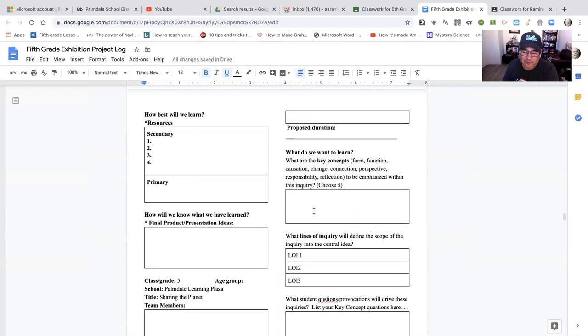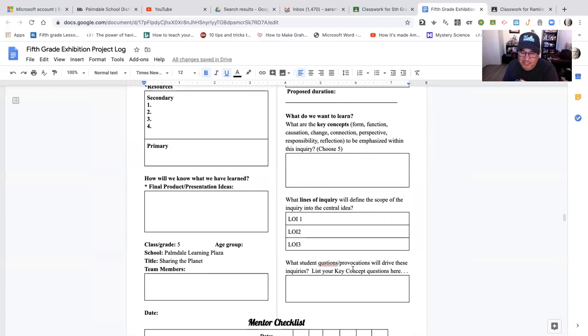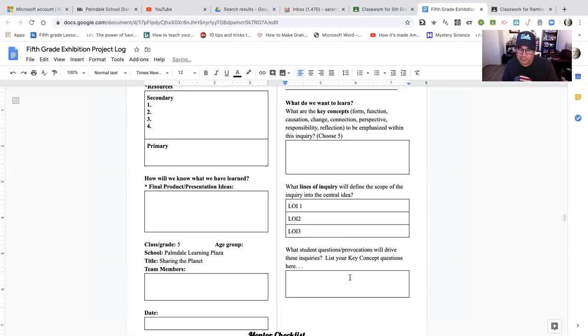But then you have your actual questions here from your key concepts. These are the questions that caused you to go and do your research, which focused you on your research. Those are your key concept questions.